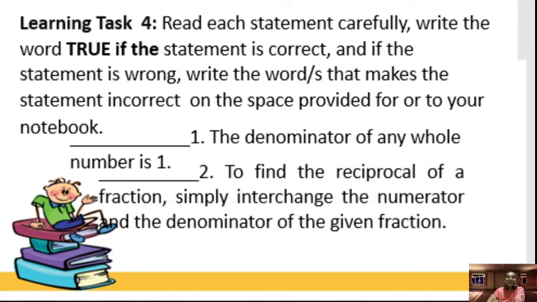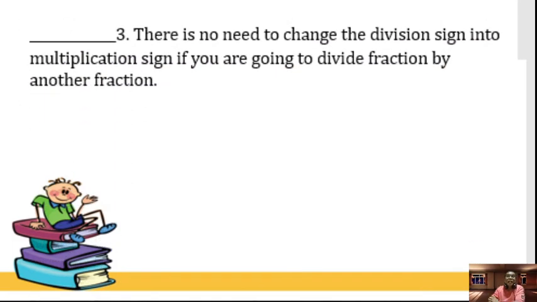To find the reciprocal of a fraction, simply interchange the numerator and the denominator of the given fraction. 3. There's no need to change the division sign into a multiplication sign if you are going to divide a fraction by another fraction.